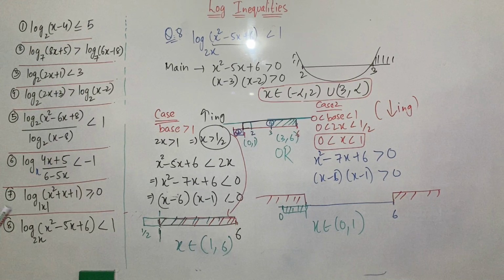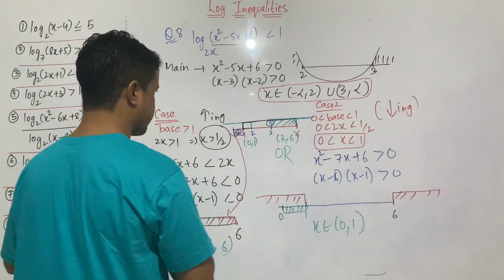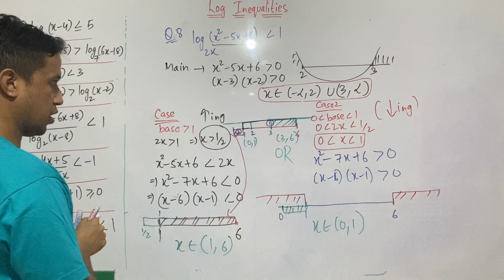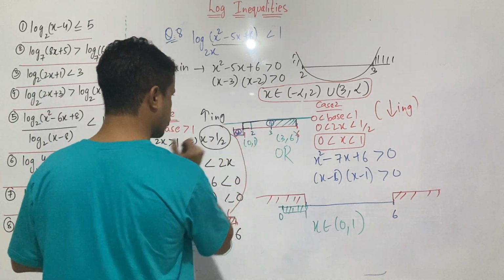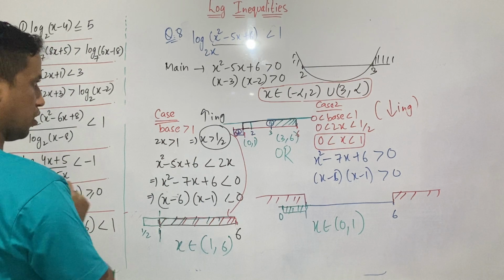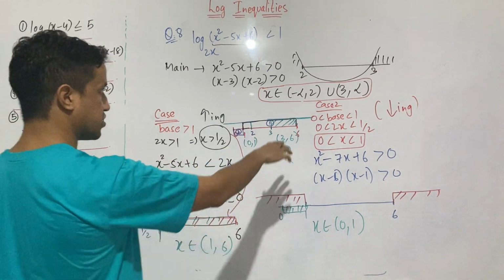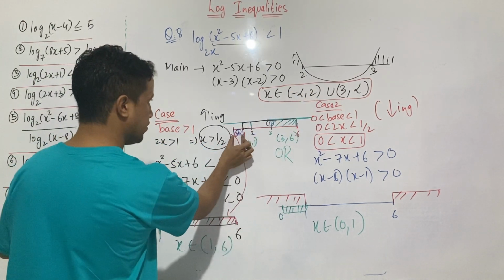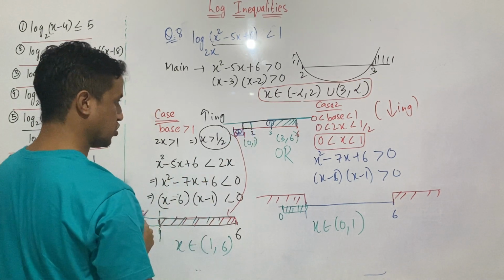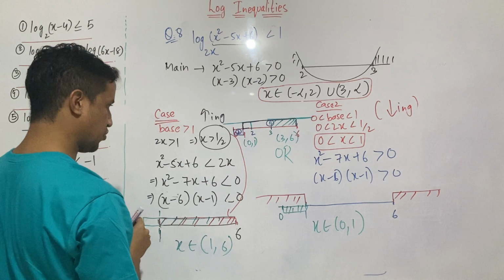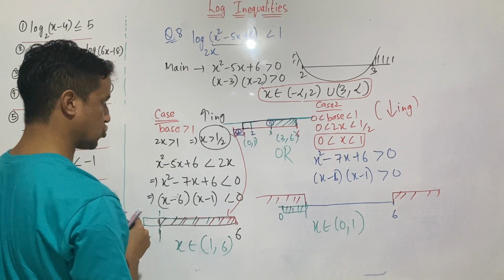Then we have to find the common region. Of course, this is going to be in the common region. Why? Because this says minus infinity to 2. So this comes in the common region and this also comes in the common region. So it's going to be 0 to 1, 1 to 2.